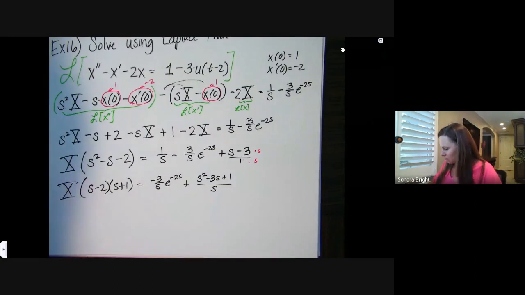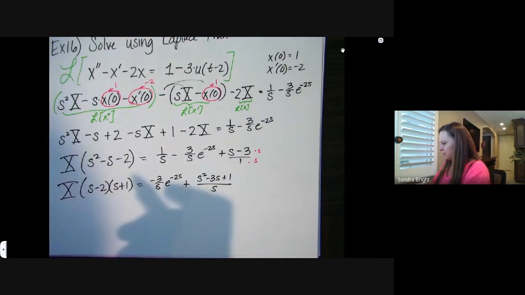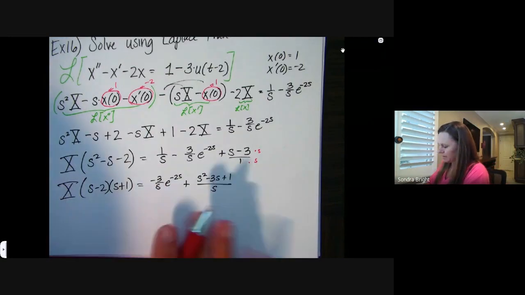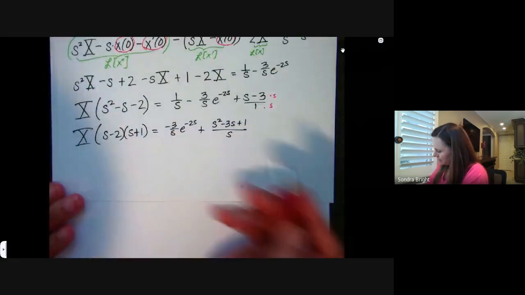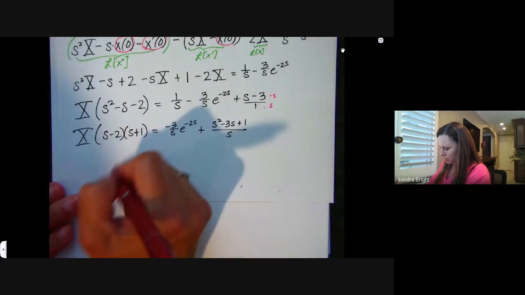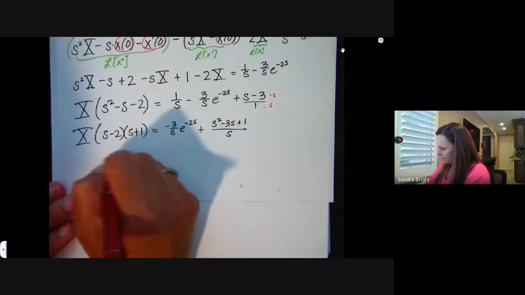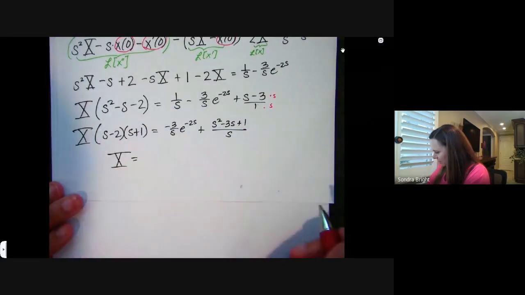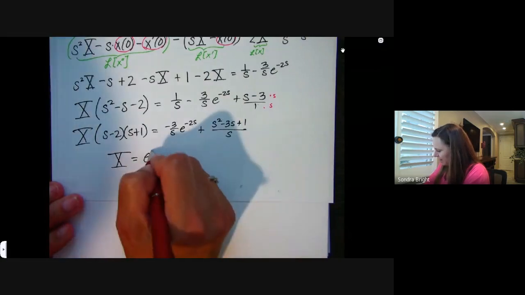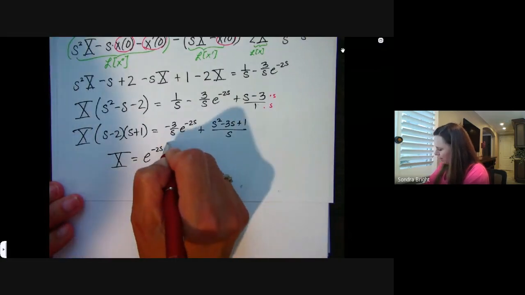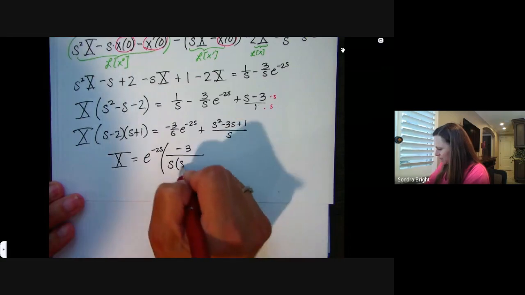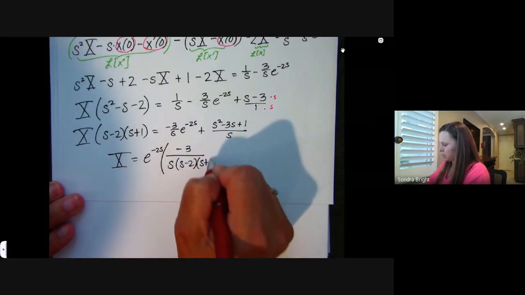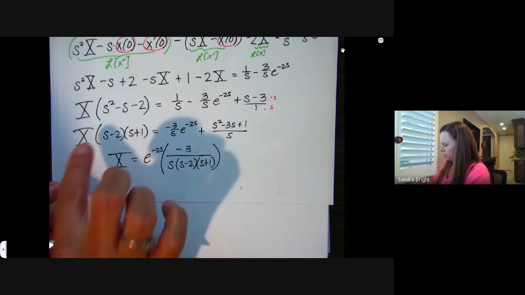Okay, solving for capital X. I'm now going to divide both sides by the s minus 2 and the s plus 1. So you get capital X is equal to, I'm going to factor out this e to the negative 2s right here. And it'll be a negative 3 over an s times an s minus 2 times an s plus 1, because I'm dividing both sides of the equation by these two factors.